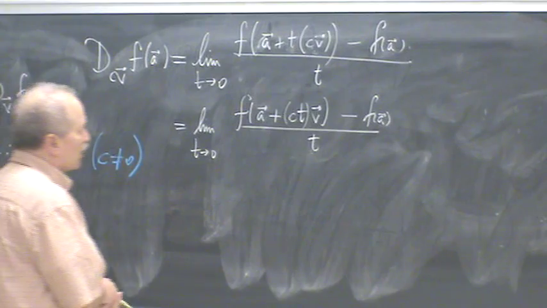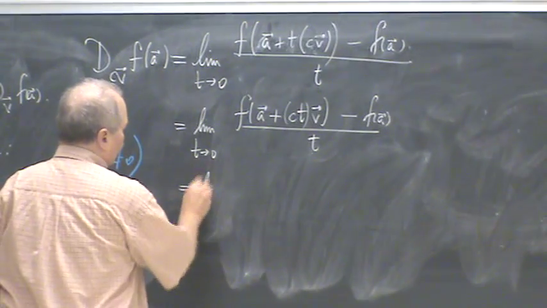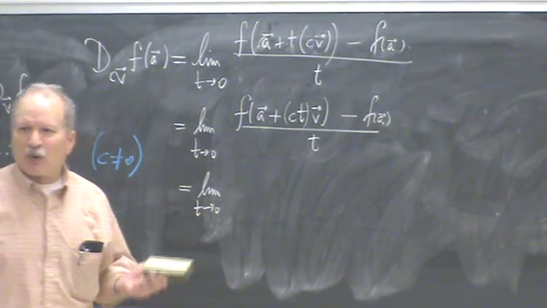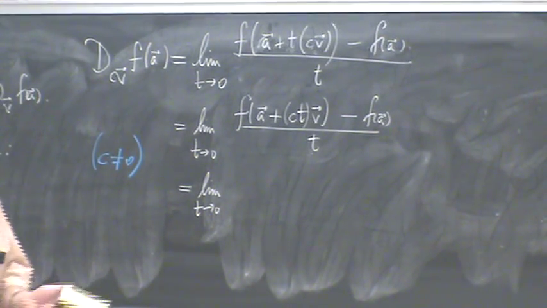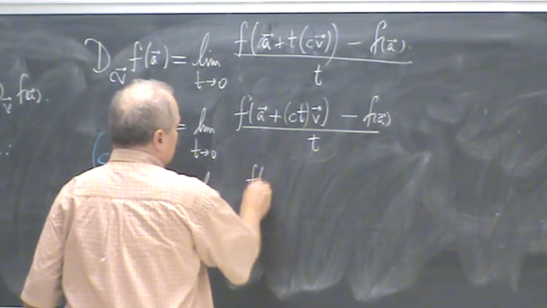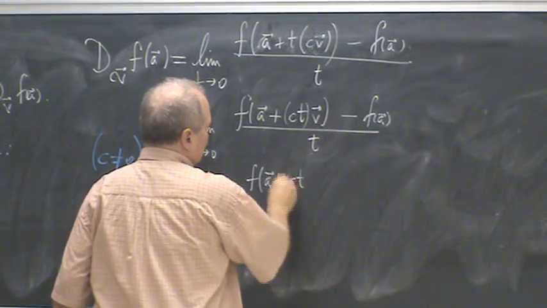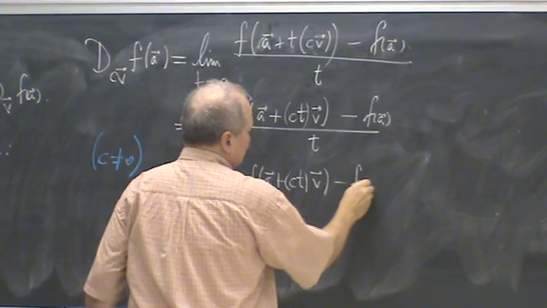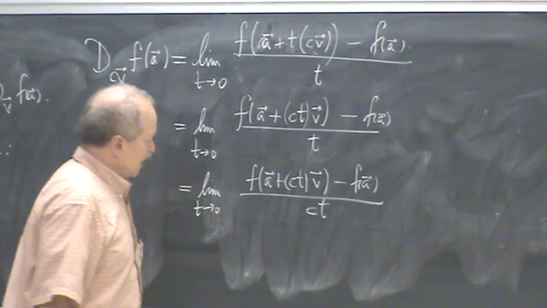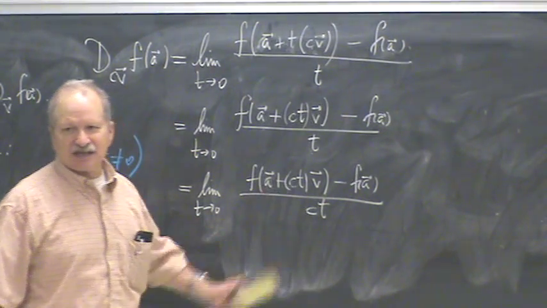Okay, c isn't 0. So as you did in your first or second homework assignment, you think, well, one thing I can do with a constant that's not 0 is divide by it. So I might think to put a c in the denominator. And then I'd have a matching pair of cts.